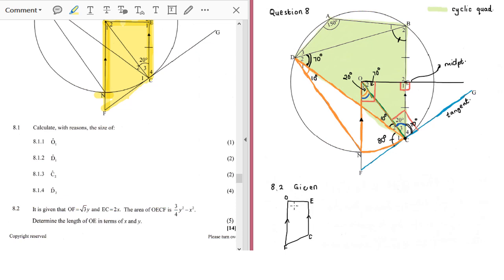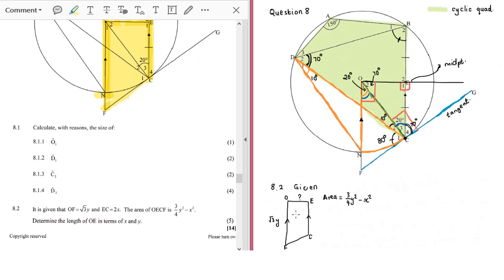We are given that OF is equal to root 3y, and that the area of this figure is equal to 3 over 4 y squared minus x squared. We are asked to determine the length of OE, which is this, in terms of x and y.